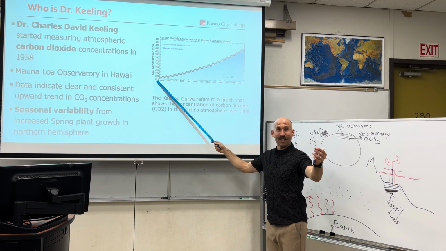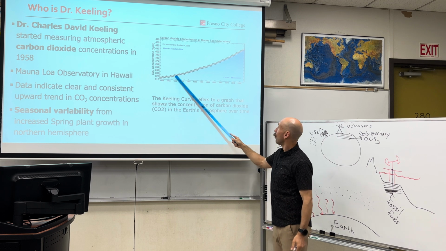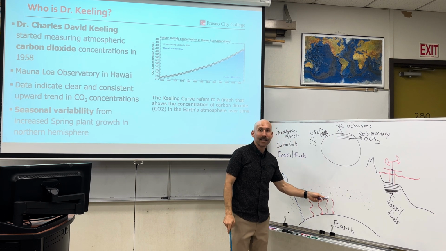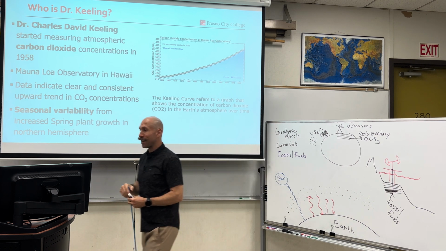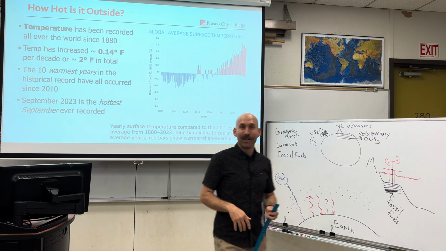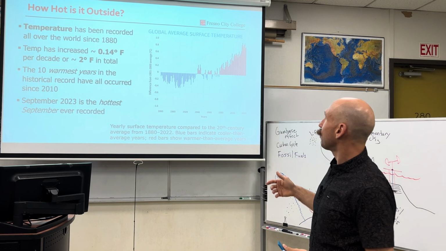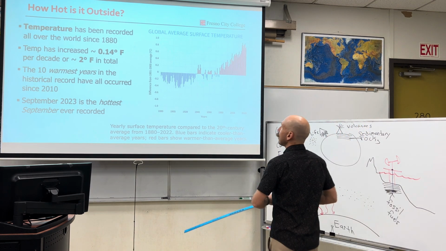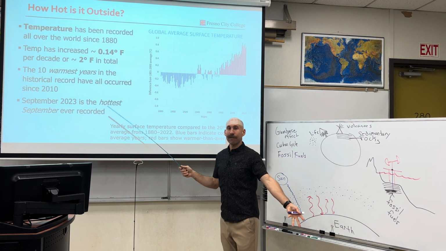So direct measurements on the historical record show an increase in the amount of greenhouse gases. We've measured this. It's recorded. It's there. Temperature: as soon as humans learned the technology to record temperature in the 1880s, global temperatures have been recorded.